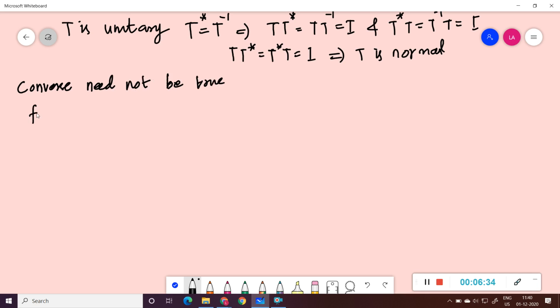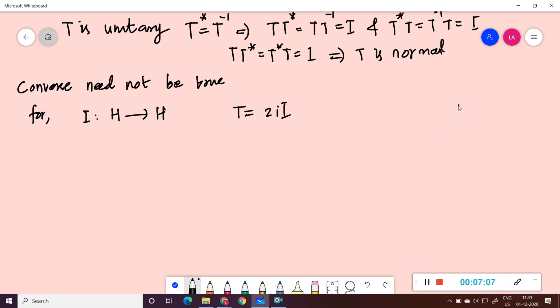For this, we consider the identity operator I from H to H. And associated with this operator, we define a new operator, which is a bounded linear operator, defined as T equals 2i I, where i is the imaginary number. Then clearly, the operator I is a self-adjoint operator.